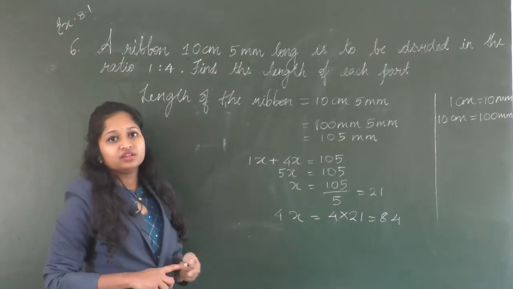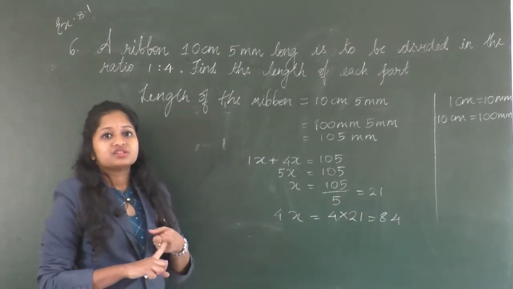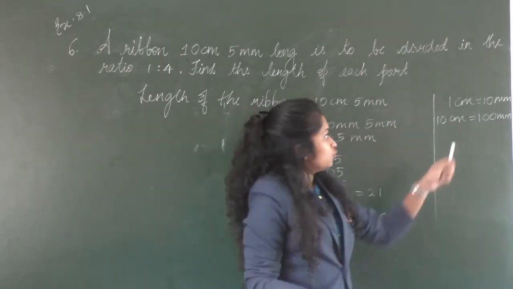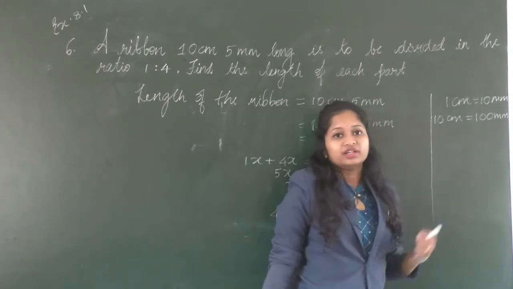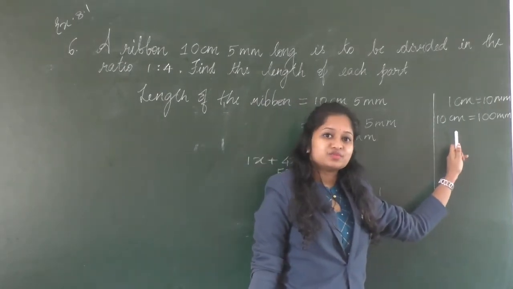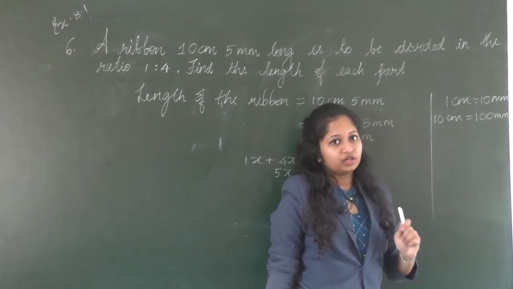Now, look here, the unit is different. Now, we should make the unit same. So, you already know that 1 centimeter is equal to 10 millimeter. So, what is 10 centimeter? 10 into 10 millimeter, that is 100 millimeter.